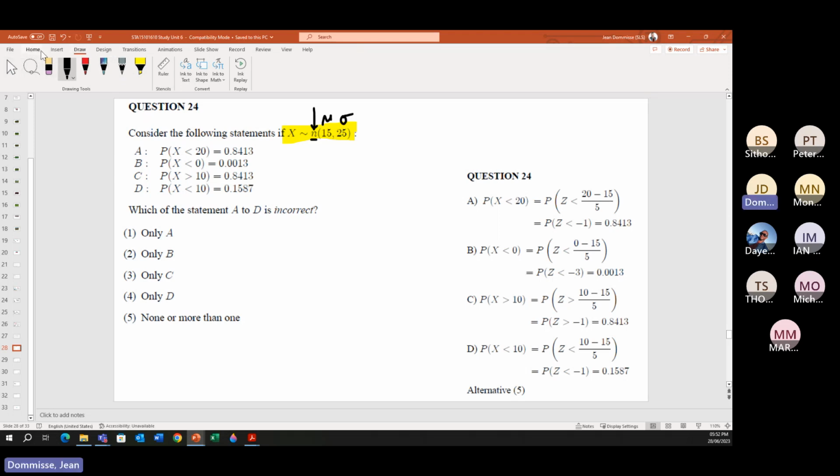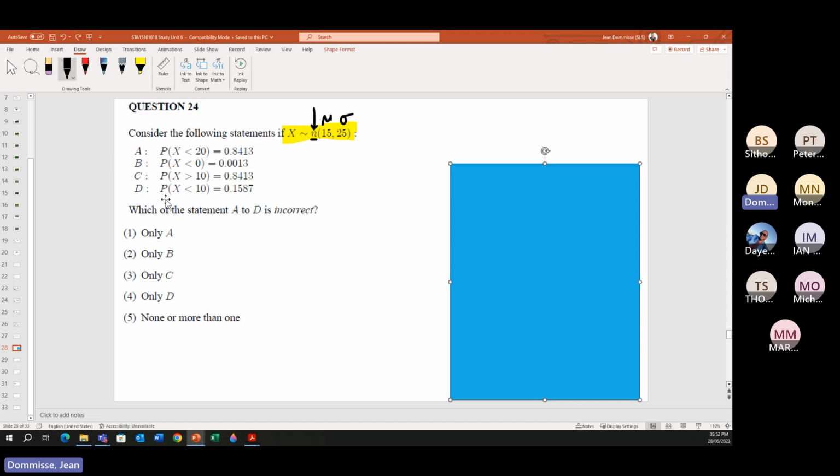Okay, so it's always mean and variance. If we want to get to the standard deviation, remember the standard deviation is the square root of the variance.